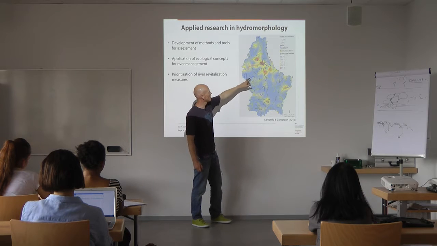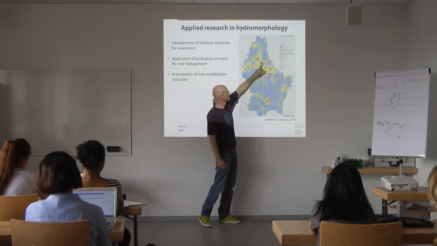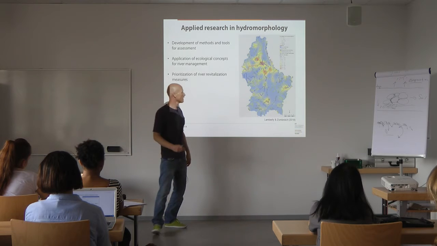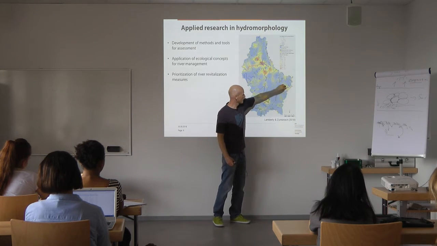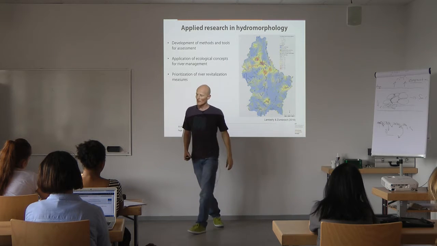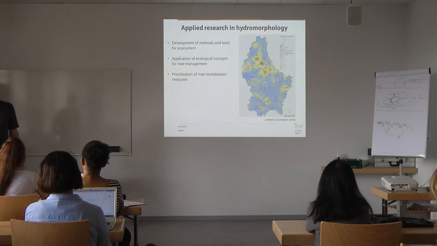So what we did was an analysis and said, okay, you have, I think, like 4, 5, or 6 hotspots. So if you improve these, you will have much greater effect than, for example, improving areas which are not so degraded, let's say.